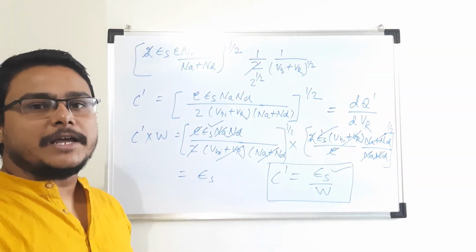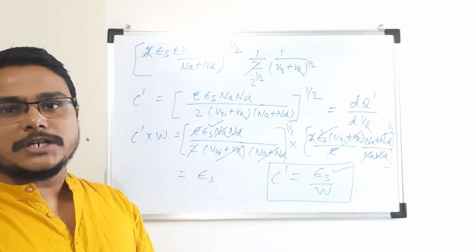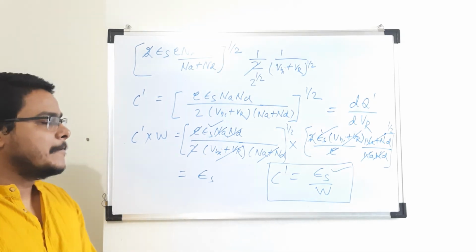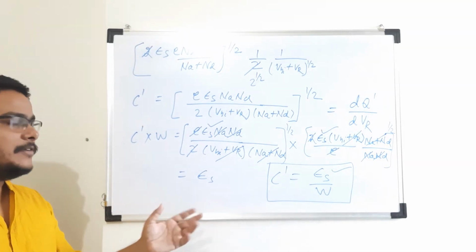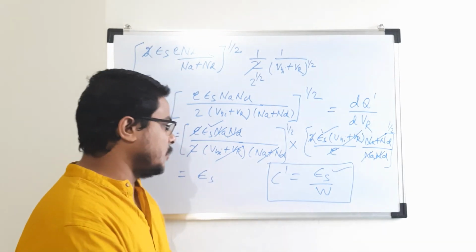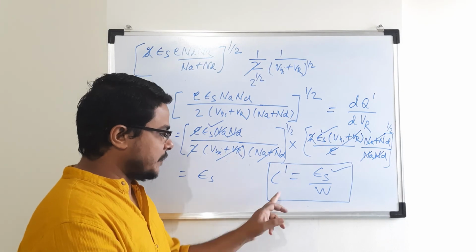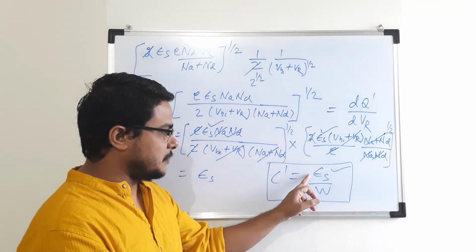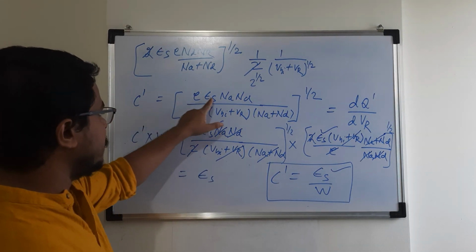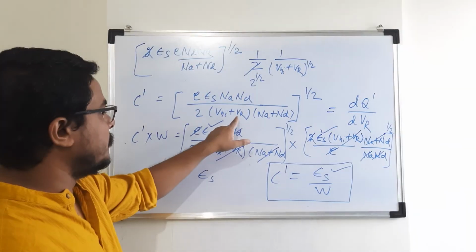So by applying a small reverse potential, knowing the amount of charge that is accumulated in the space charge region, and dq dash by dVr, doing a simple math, you will be able to calculate this junction capacitance. So junction capacitance can be written as epsilon s by W, or in other terms you can see e epsilon s Na Nd by (Vbi plus Vr)(Na plus Nd).